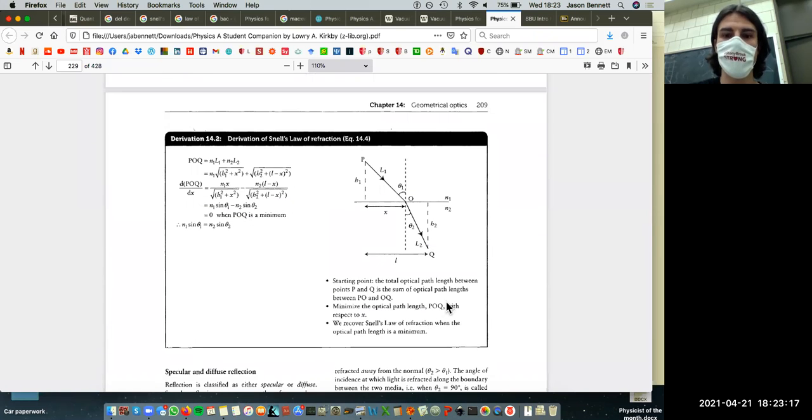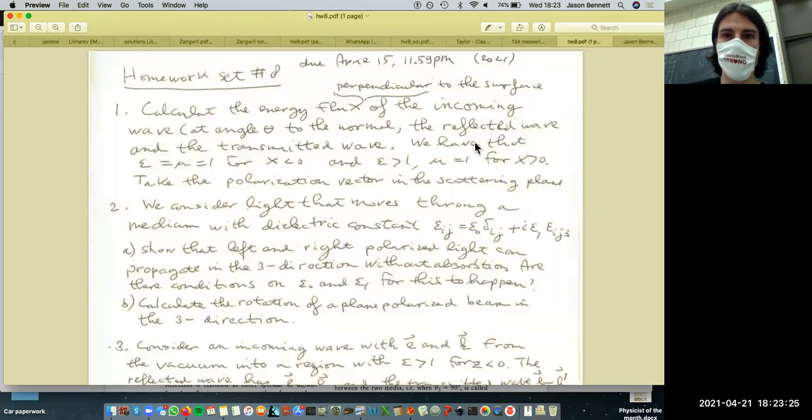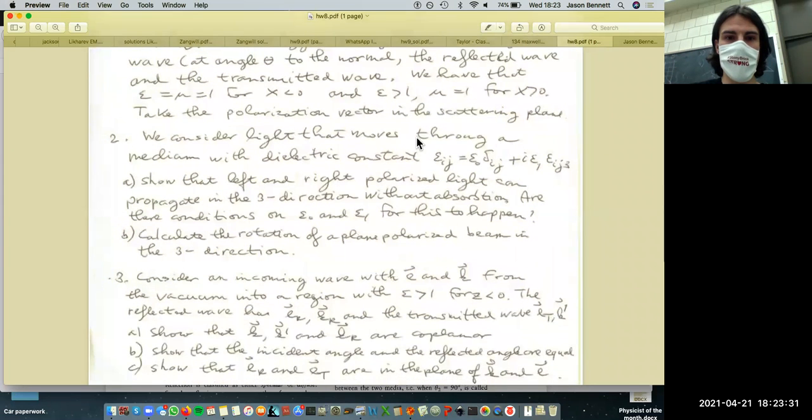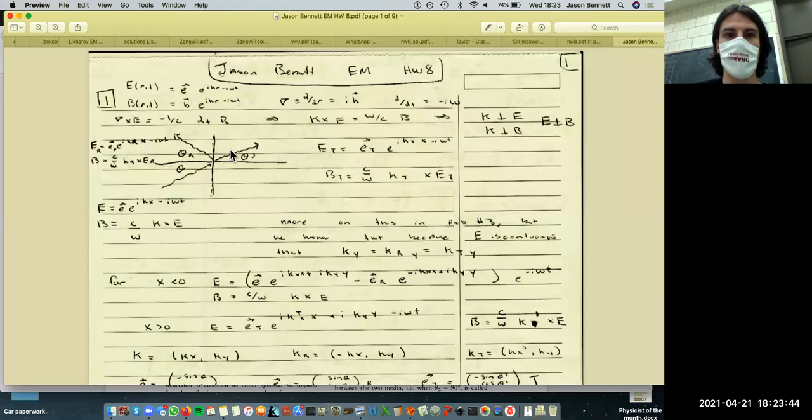However, what I thought was really cool was, this is another instance of you guys doing things that are quite difficult. This was my homework from a week ago. I was asked to prove the incident angle is equal to the reflected angle, not based on geometric optics or anything like that, but purely based on electromagnetic waves.